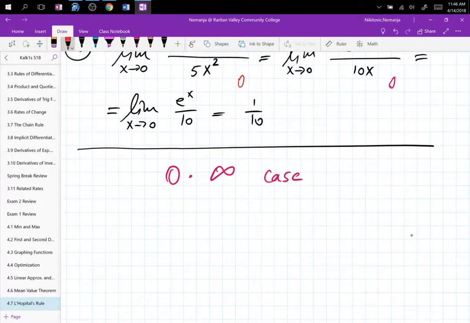In order for us to do the 0 times infinity case, we all have to understand a simple double fraction manipulation, which says that f of x can be written as 1 over 1 over f of x. So we need this.